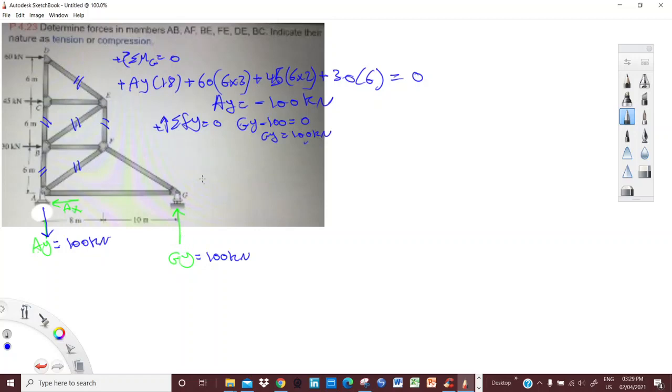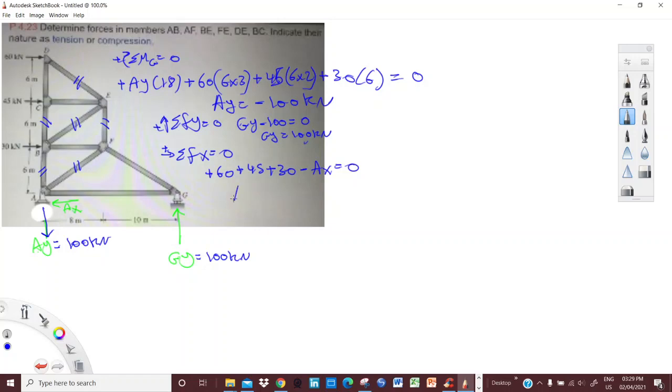And then when you solve the summation of Fx, to the right positive, equal to 0, you will find that all of these forces are to the right, so plus 60 plus 45 plus 30 minus AX equal to 0.